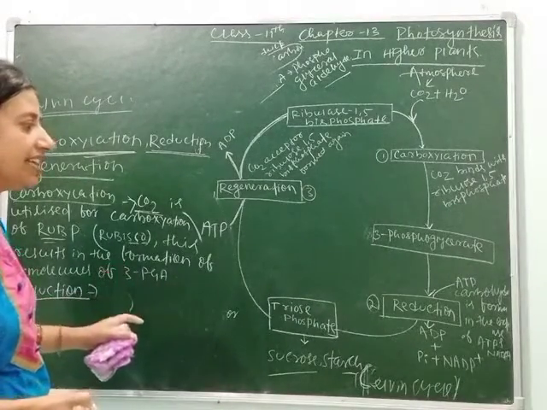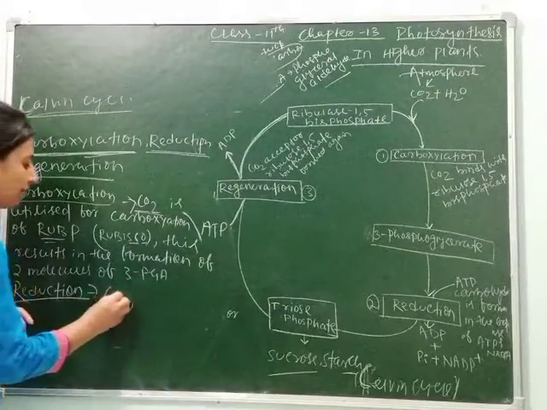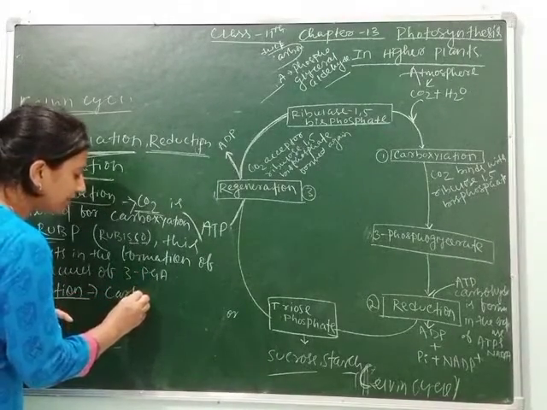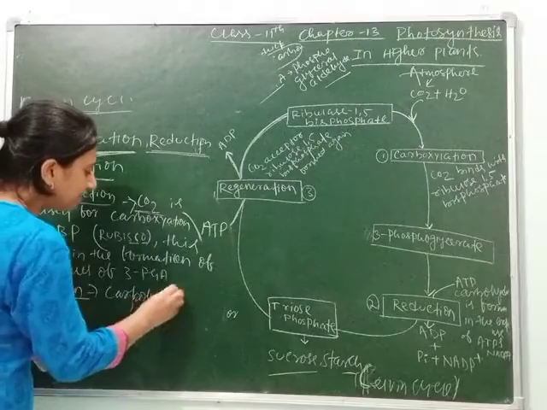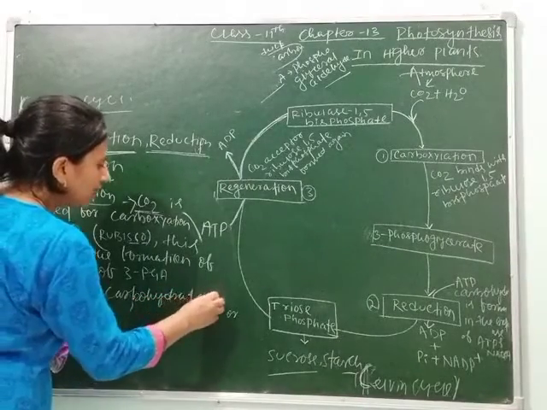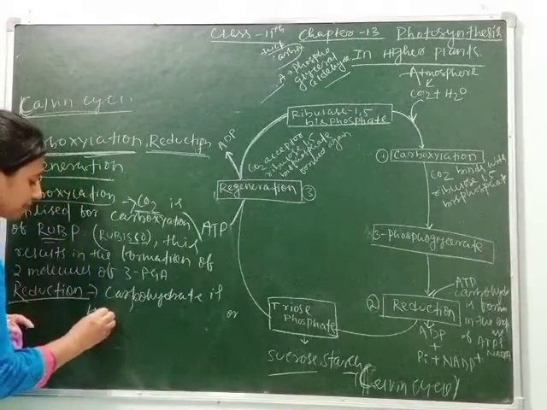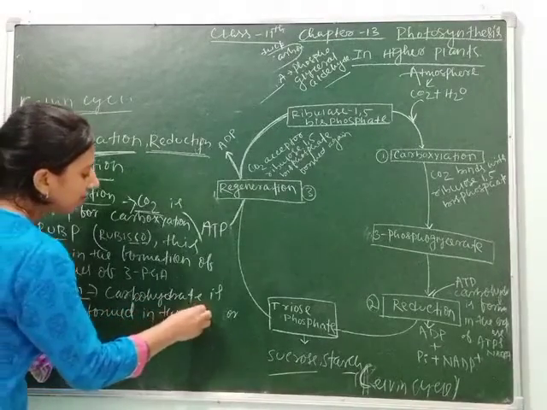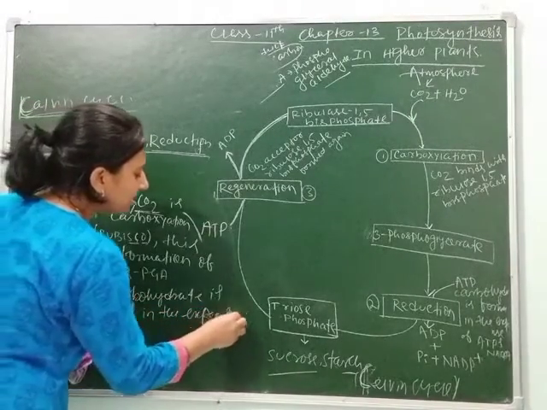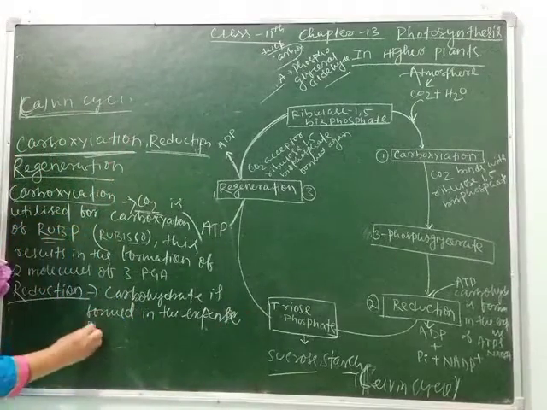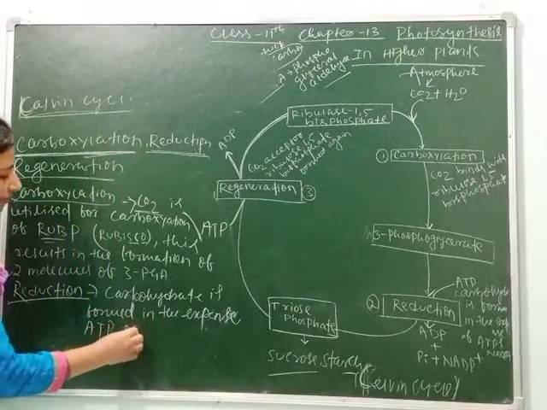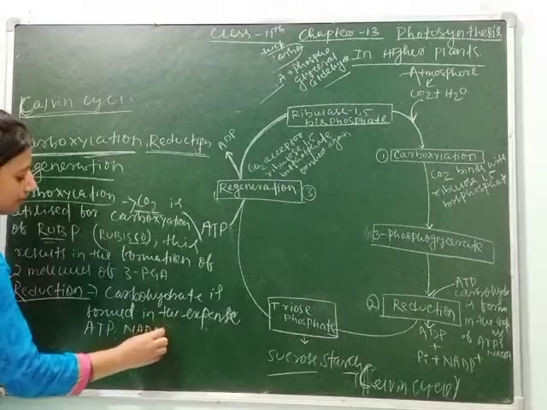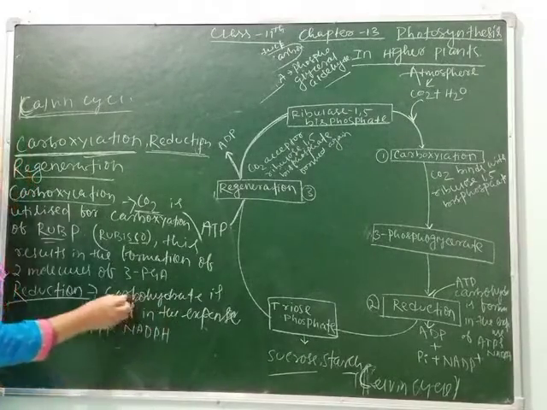Simply we can say that during reduction, carbohydrate is formed at the expense of, meaning using, ATP and NADPH.